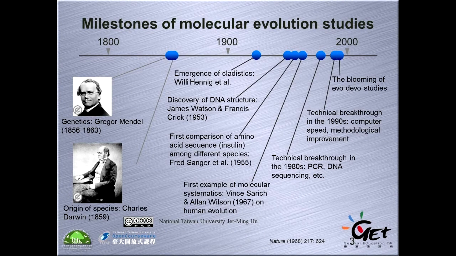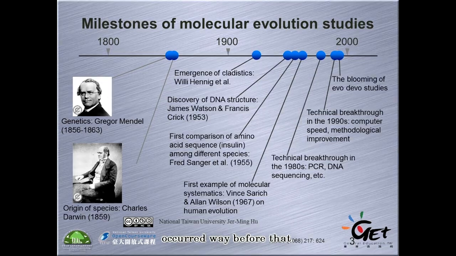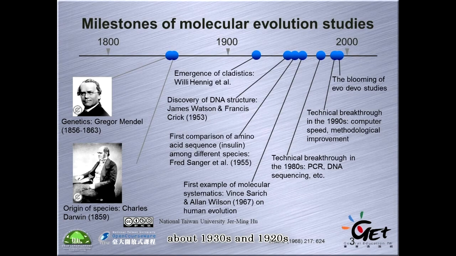But the characteristic or phylogenetic methods occurred way before that. It occurred about the 1930s, and actually in the 1920s there was some discussion already. So that's way before the discovery of the DNA and the nucleotide sequences. So what did they use? Basically those were morphological data.